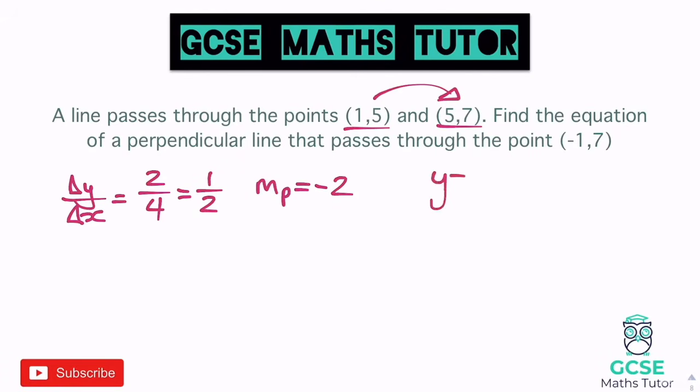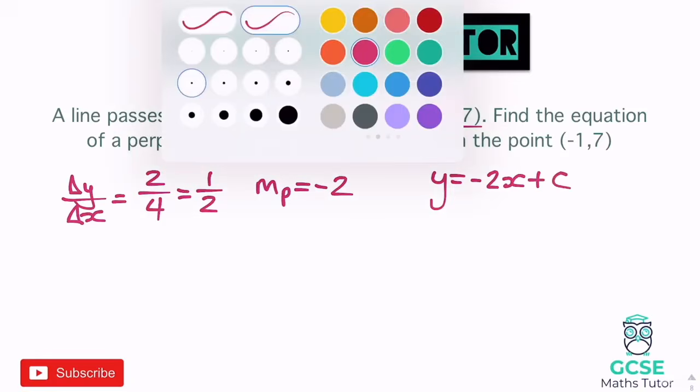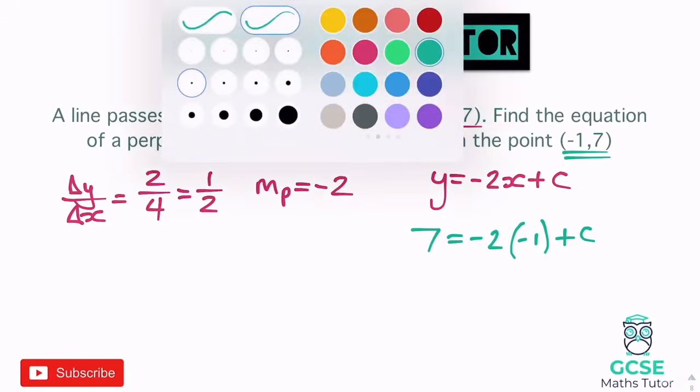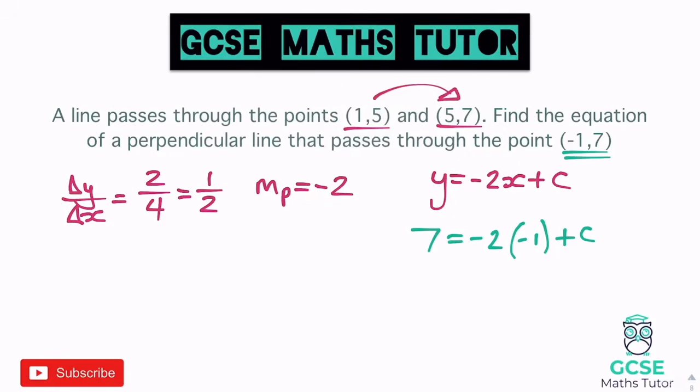So y equals negative 2x plus c. And then again, just like before, we can sub in our coordinate. So 7 is the y coordinate, which equals negative 2 times x, which is negative 1, plus c. Negative 2 times negative 1 is positive 2. Those negatives cancel each other out, so 7 equals 2 plus c.